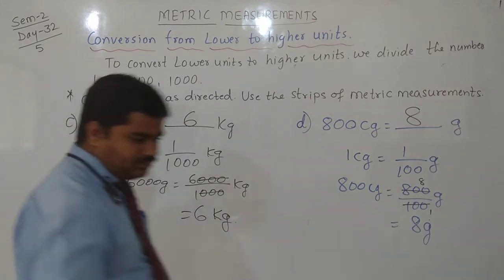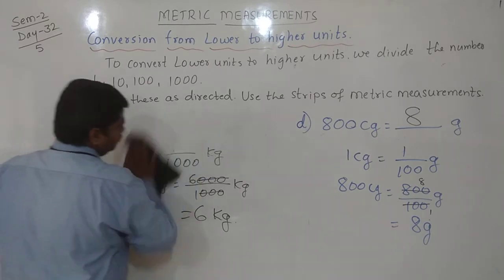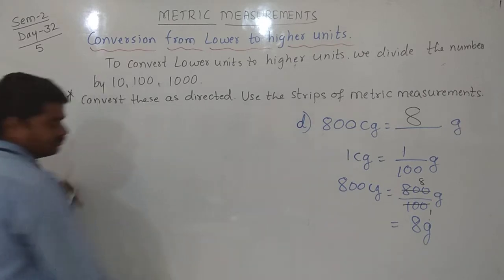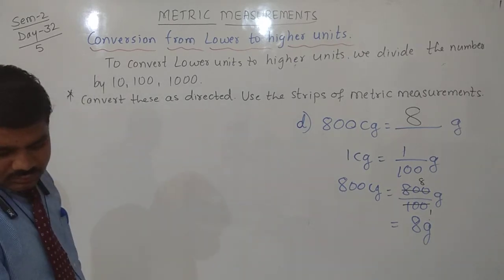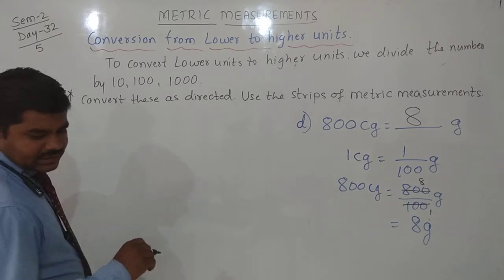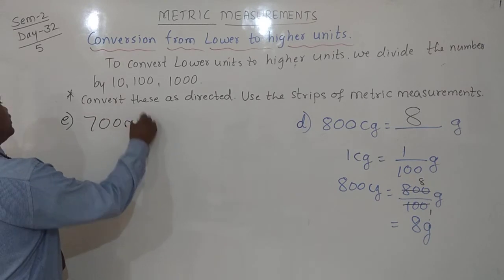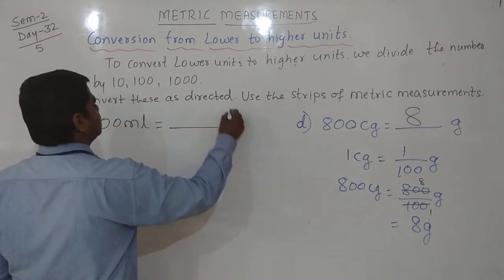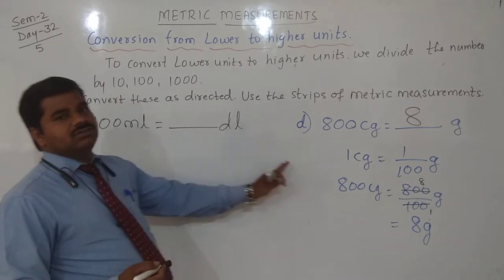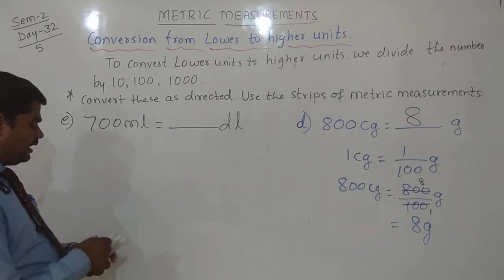Next, 700 milliliter to deciliter. Milliliter to centiliter, centiliter to deciliter. 2 places towards the left.